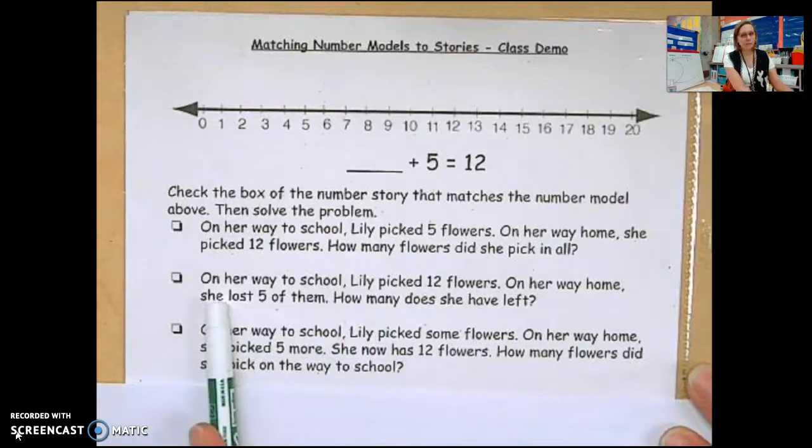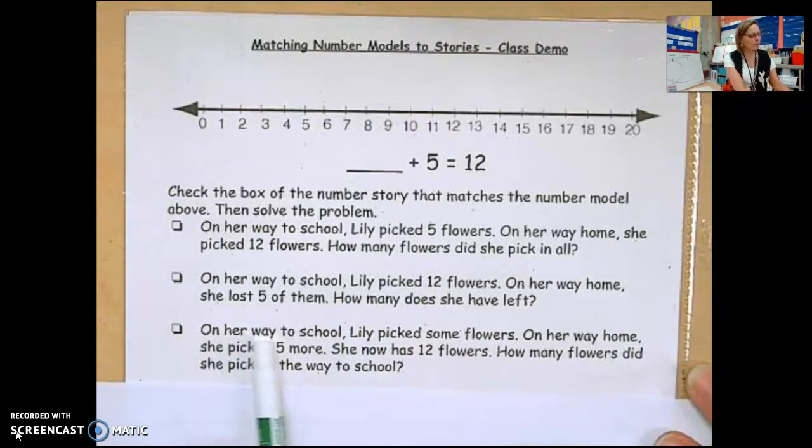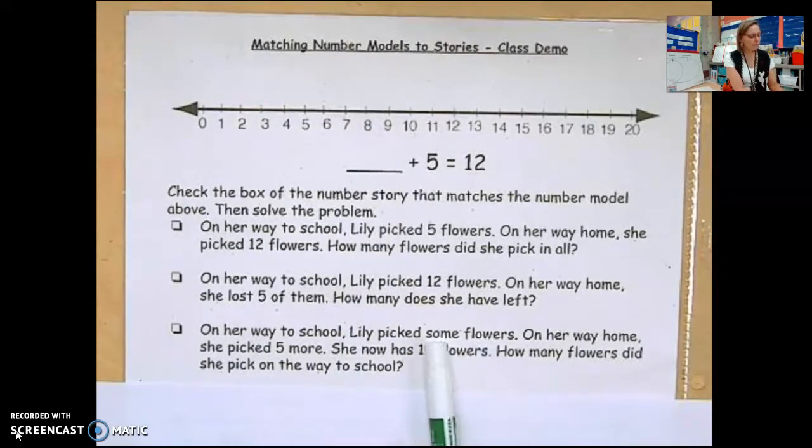Now remember, good mathematicians always read through. Even if they think that this might be the answer, you always read through it to make sure, okay? On her way to school, Lily picked some flowers. Ooh, some flowers. I think we might be right. On her way home, she picked 5 more. Ooh, more means we're getting more.